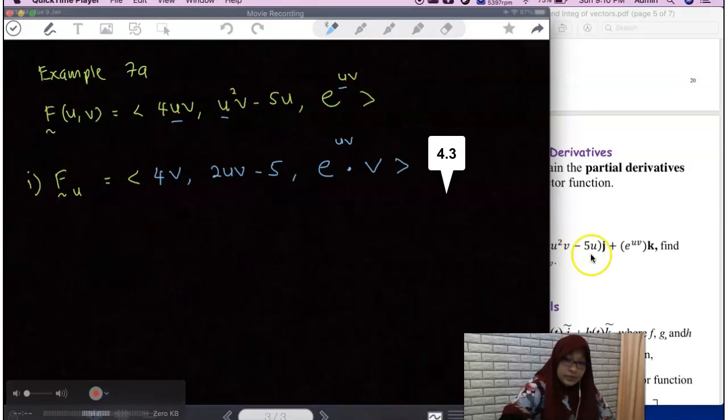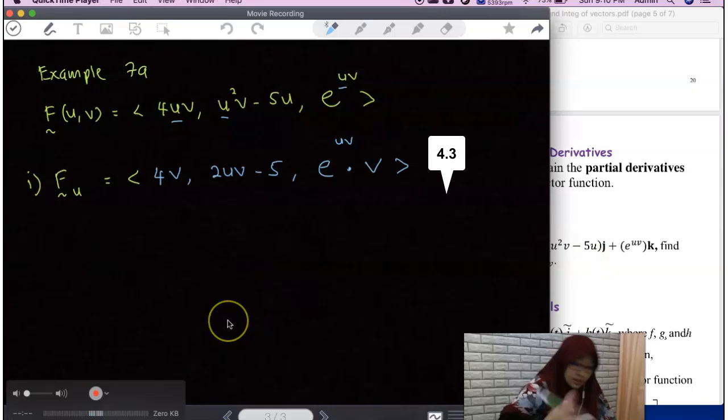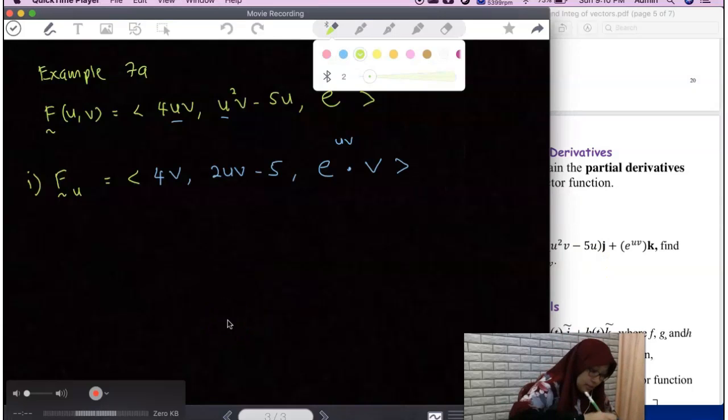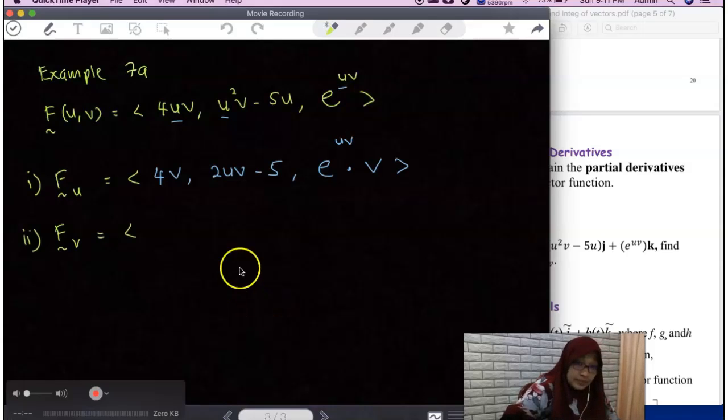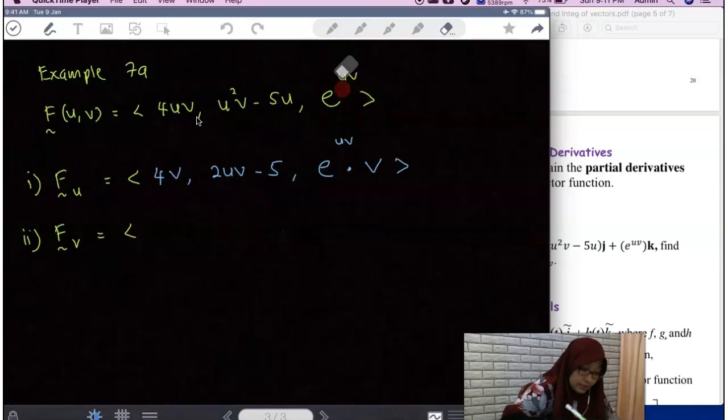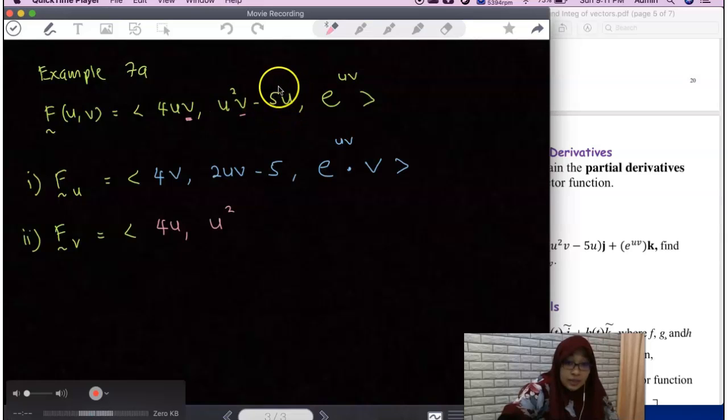And then we move to the second one, fv. So for the first term, now we focus on the v. So this is your v, and you get 4u. In the second component, you have u squared minus 5u, there is no v, meaning that all these are constant.